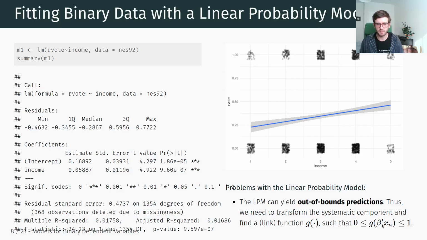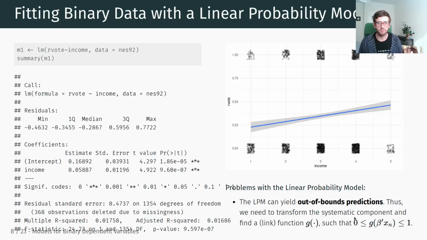So instead of having our beta prime x_n as the direct linear probability model, we want to find some function g that maps that linear predictor onto a range that is between 0 and 1.